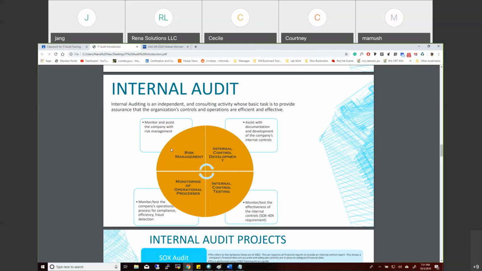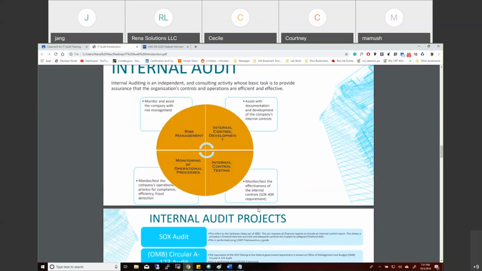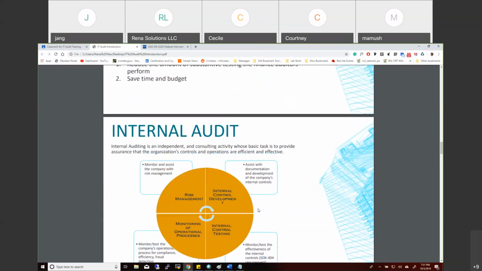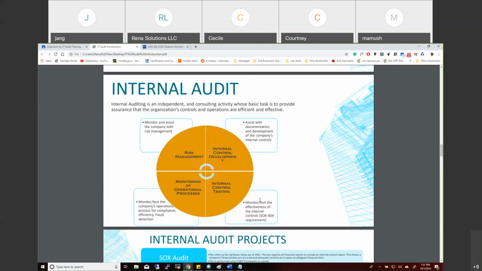Think of the types of internal audit projects as different from the responsibilities of an internal audit department. An audit department is an extended body of a company that's responsible for monitoring risk-related activities within the company.